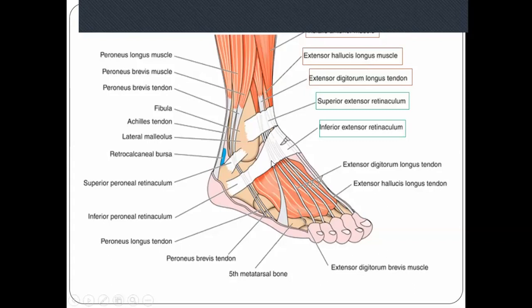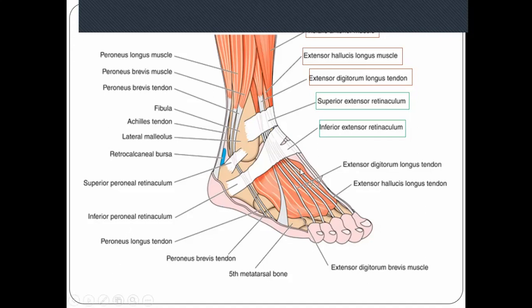The purpose of this extensor retinaculum is to strap the tendons of these extensor muscles to the ankle region, so they will not bow during the extension of the foot and toes. It prevents tendon bowing by holding the tendons together.